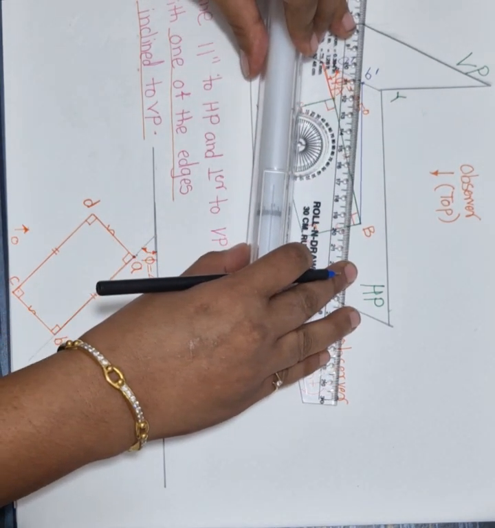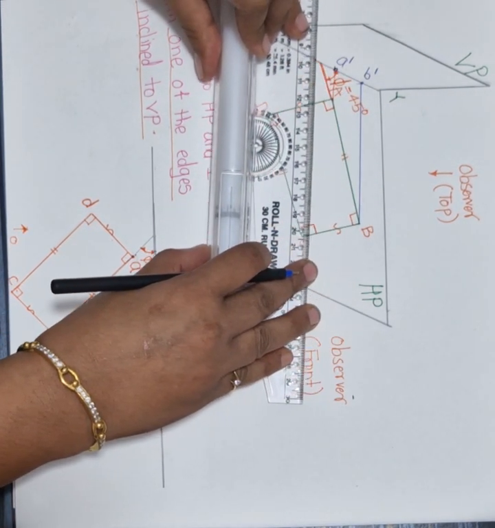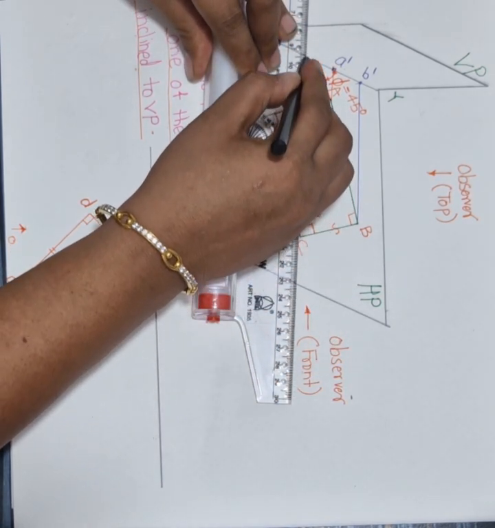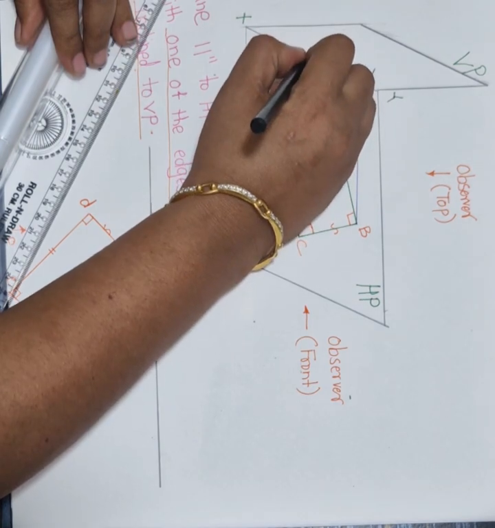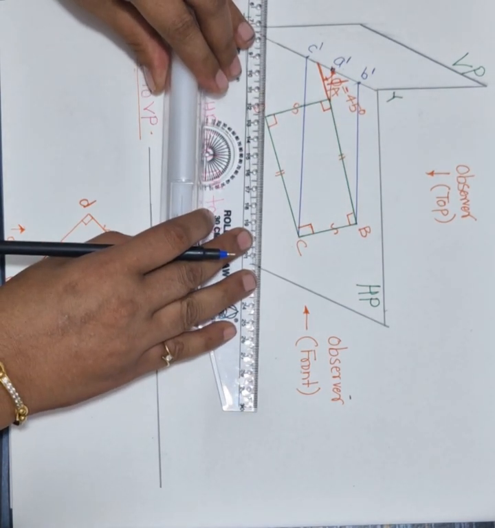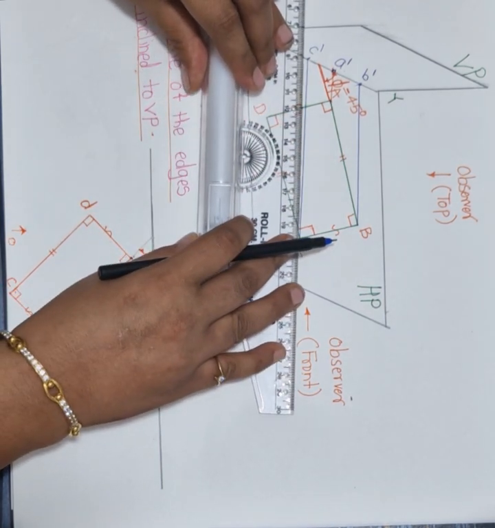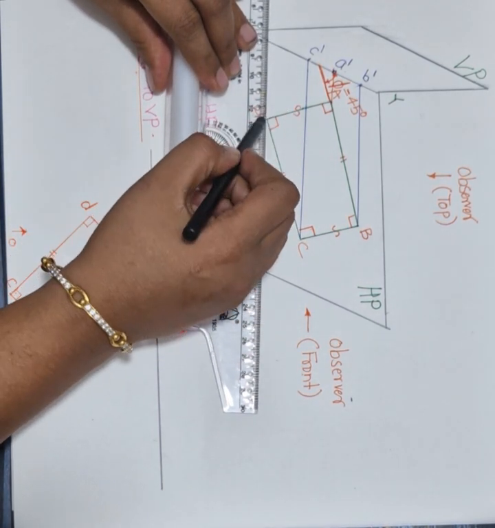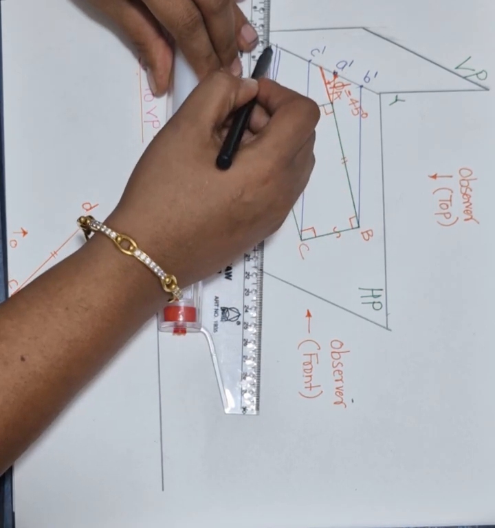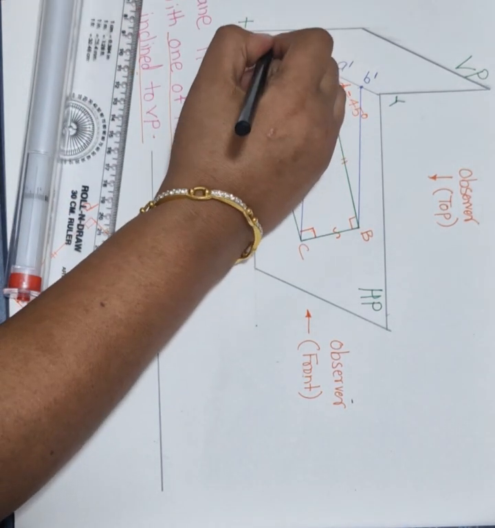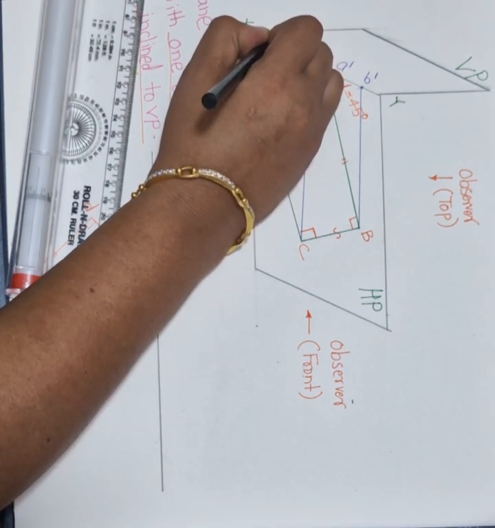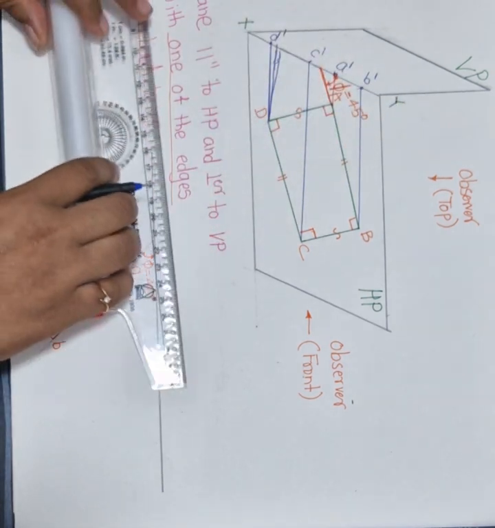Then we will project corner C, so this point will be C dash, and we will project D, so this point will be D dash.